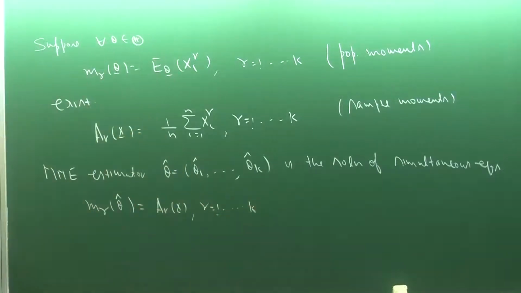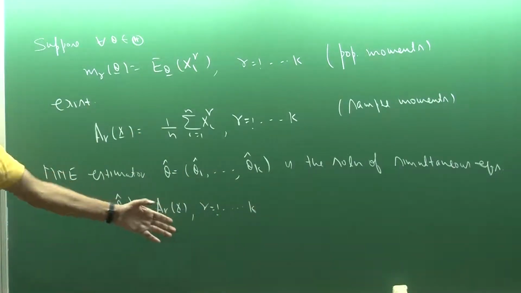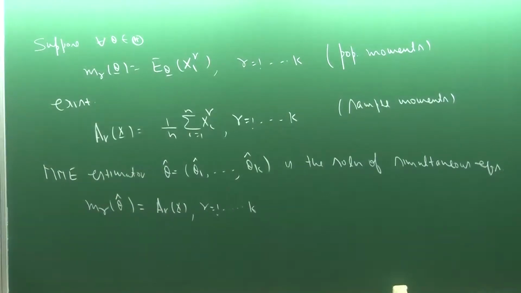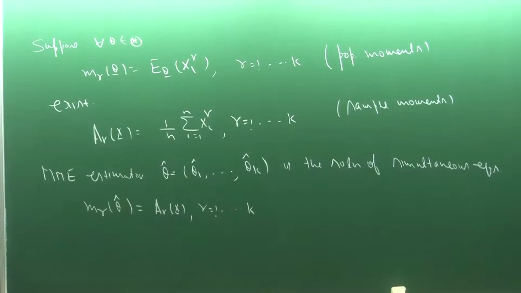So you replace population moments by sample moments, solve for theta 1, theta 2, ..., theta k, and whatever you get is the method of moment estimator.